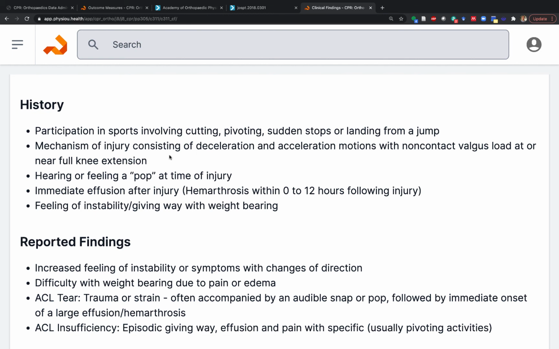Mechanisms of injury consist of deceleration or acceleration motions and can also relate to non-contact valgus load at or near full knee extension. The patient may hear or feel a pop at the time of injury. There is usually immediate effusion, so the knee swells up significantly right away, and a feeling of instability or giving way with weight bearing.